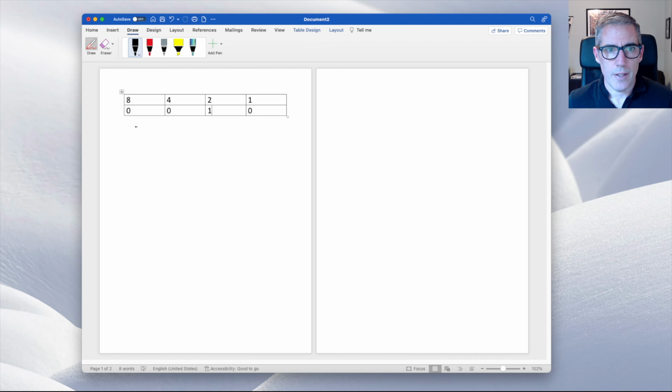So in the 8's position we have a 0, in the 4's position we have a 0, in the 2's position we have a 1, and in the 1's position we have a 0. So we just add all of those together: 0 plus 0 plus 2 plus 0 is 2. Now we can obviously change that to be anything else we want.